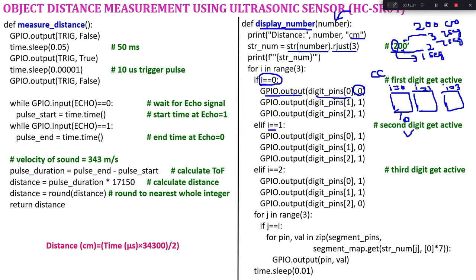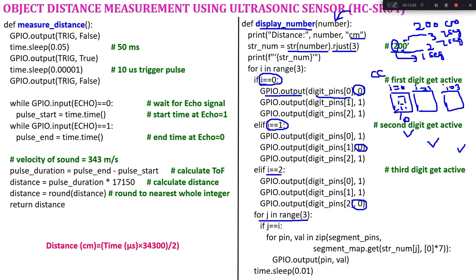If i is equal to 1, the second digit becomes active. In case of i equal to 2, the third digit becomes active. Once I have i equal to 0, I am going to put the value for the 7-segments.